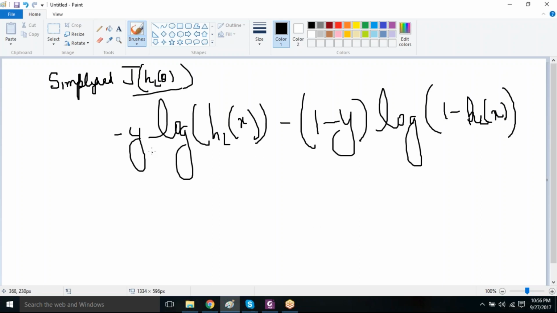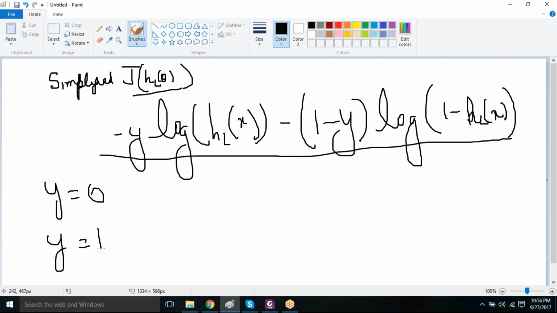Good enough? If you just evaluate it for y equal to 0 and y equal to 1, you will get the same equations. When y equal to 0, this whole term will go 0. This whole term will go 0. So it will become minus, and this y is again 0, so it will become minus log 1 minus this.